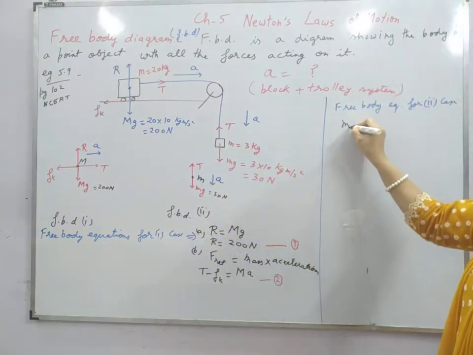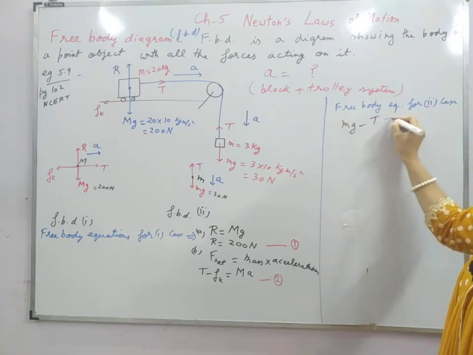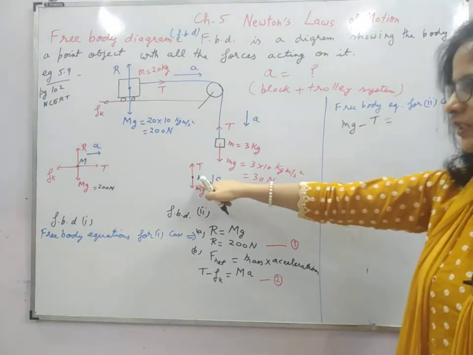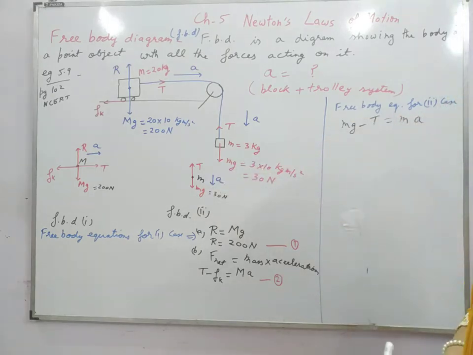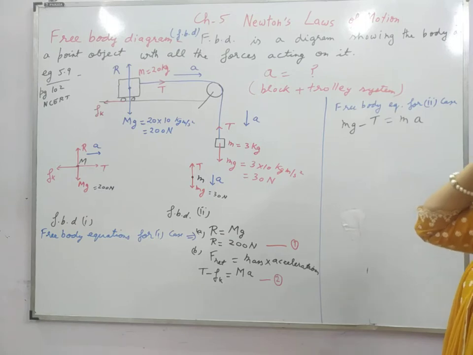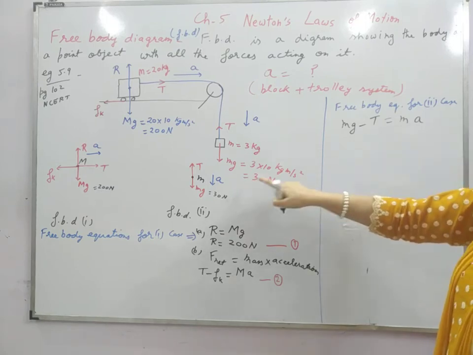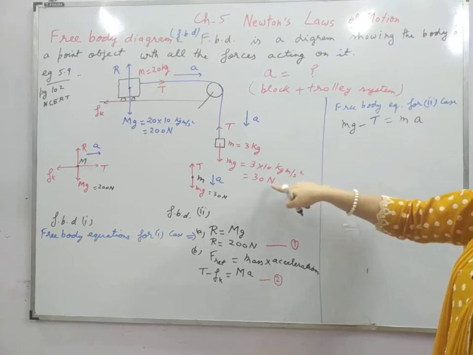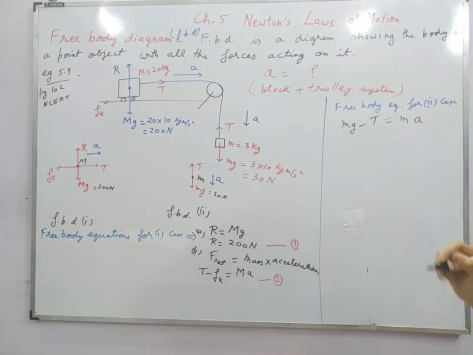So you can write mg minus T is equal to mass of this body into acceleration. And we also know that here this mg is what? 30 newtons. So first we will simplify and then put the values. This is the third one.